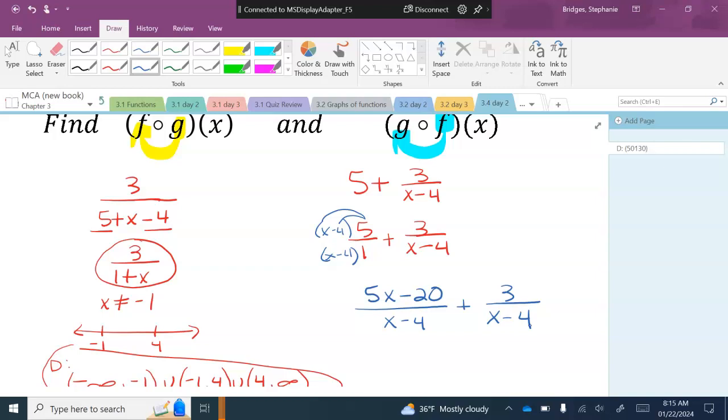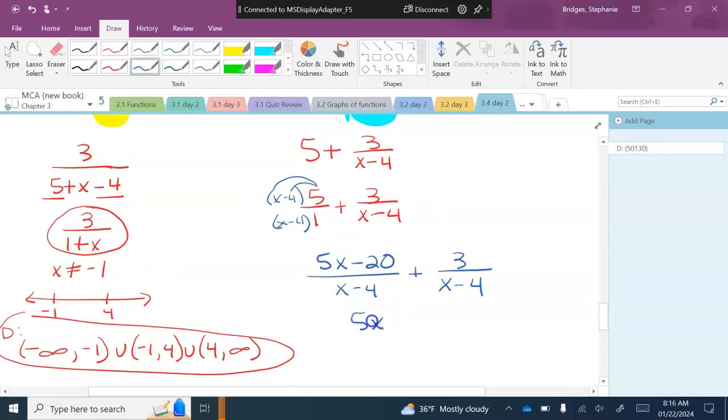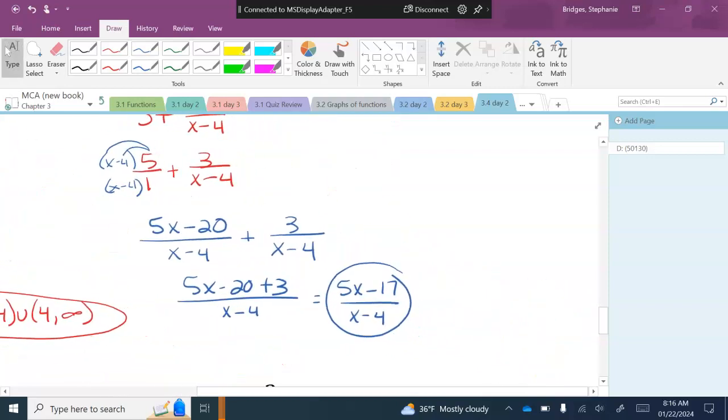So that's not an extra. All right, so when I add these two together, 5x minus 20 plus 3, what do I end up with? 5x what? Minus 17 over x minus 4. So that is the simplified composite function.